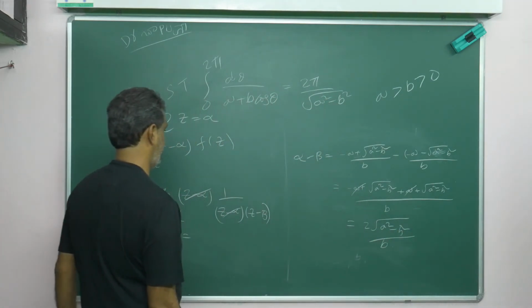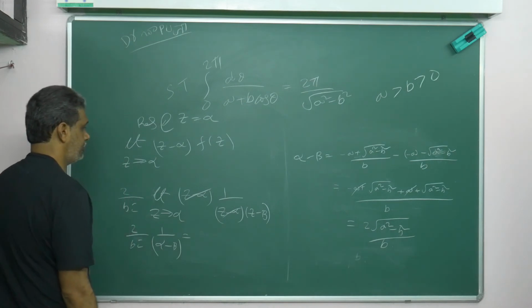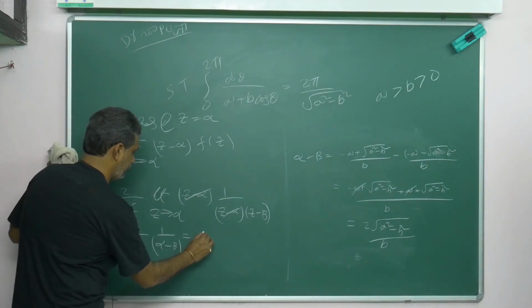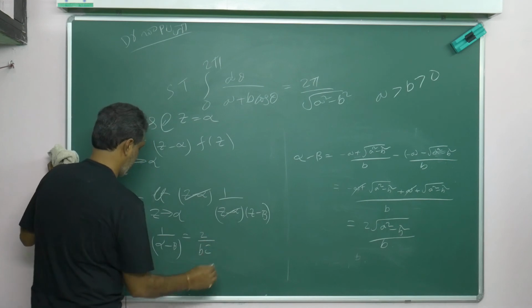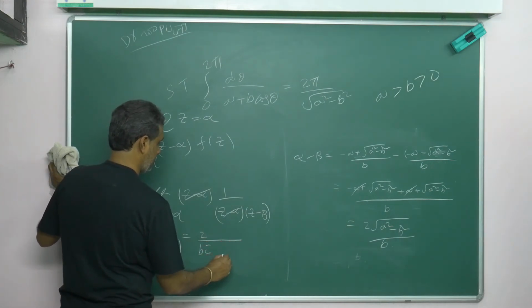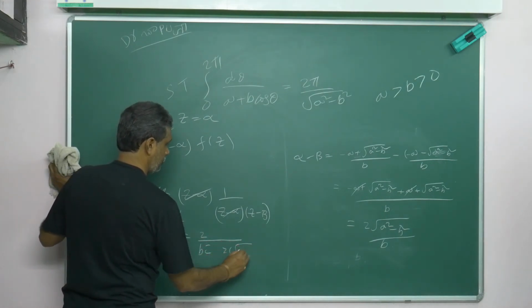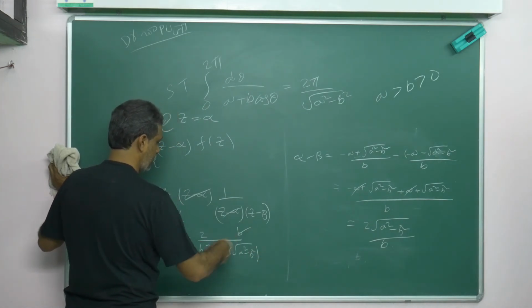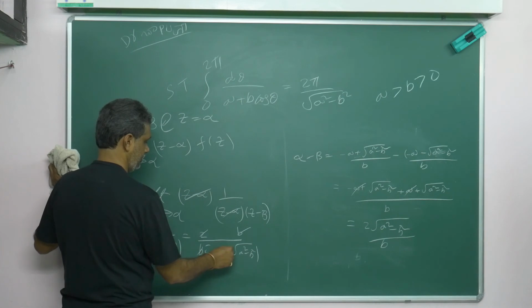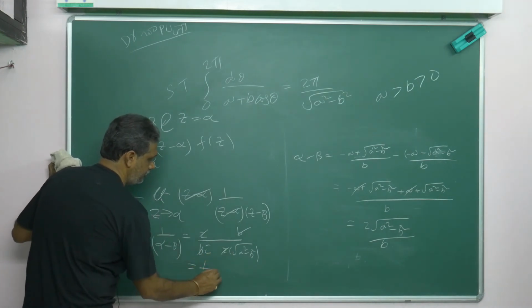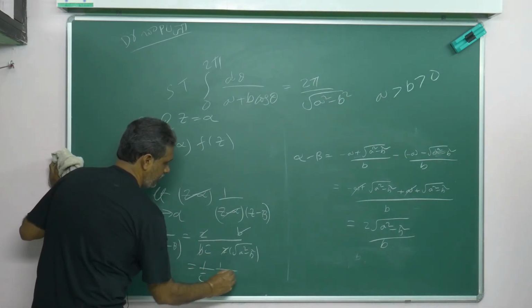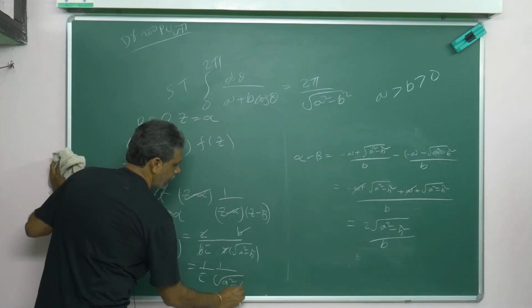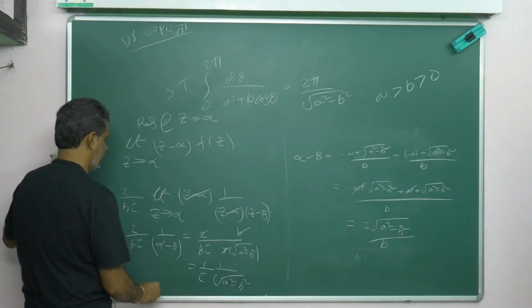So just substitute this in alpha minus beta, what will you get? 2 by bi into 2 into root of a square minus b square. This b will go. See how nicely it comes, that is the beauty of the problem. 1 by 2 pi i root of a square minus b square. This is R1.